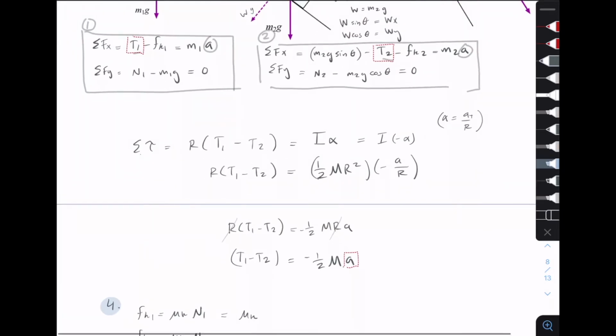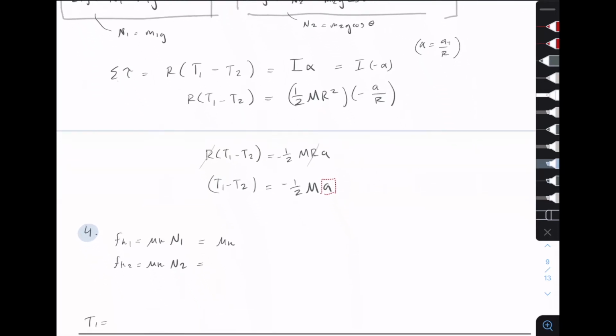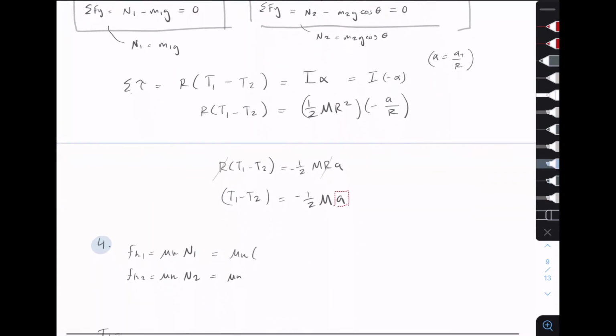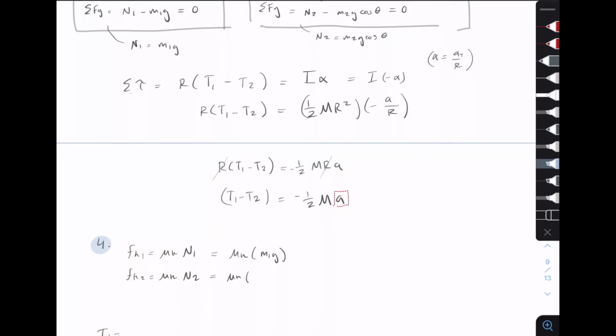From this expression for the sum of forces in y, we can get N1 is equal to m1g, and then from this one, we can get N2 is equal to m2g cosine of theta. So let's just use both of those right away. Mu k, and then N1 is m1g, and N2 is equal to m2g cosine of theta.